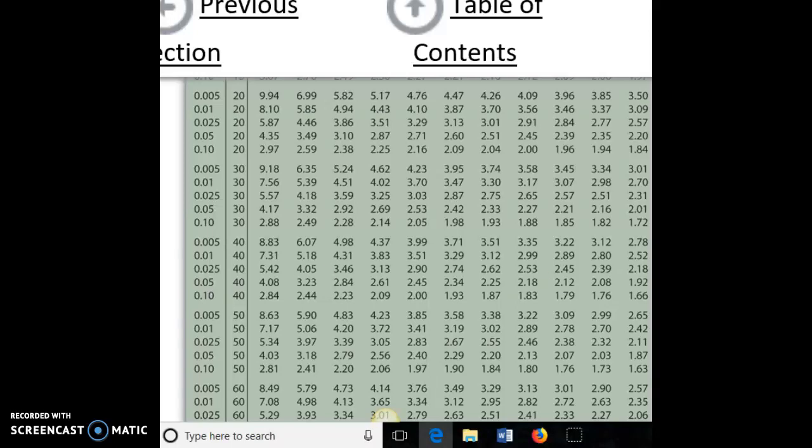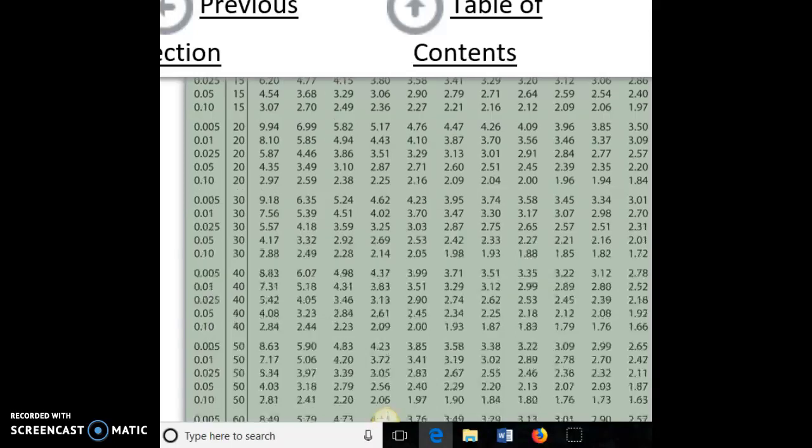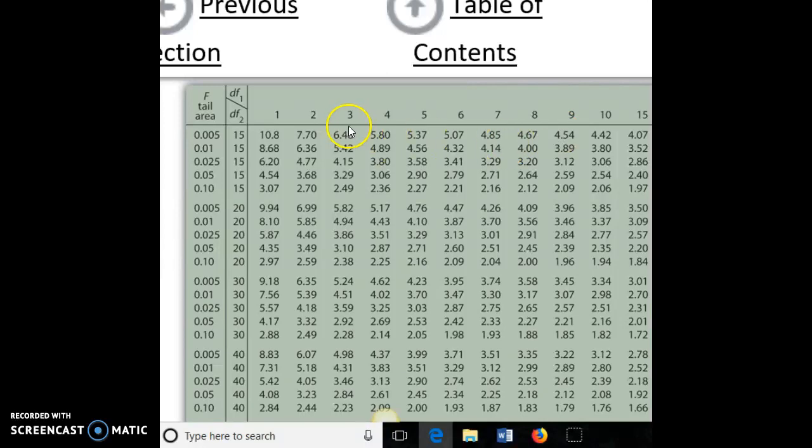Now, let me scroll up just a little bit so you can see this. At the top is our DF1. All right, so we have DF2 of 40 with 0.05 as our alpha. Let's go over to the column where our DF1 is 3. And we see that our critical value is 2.84.